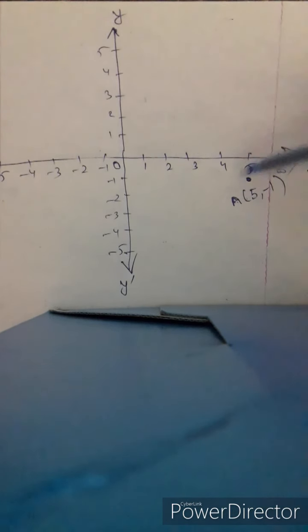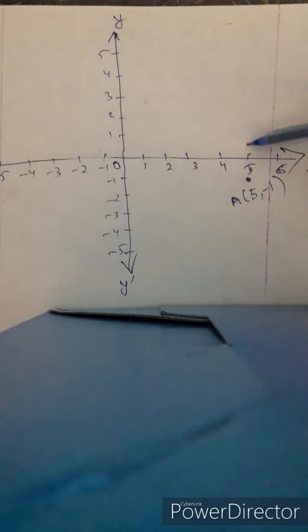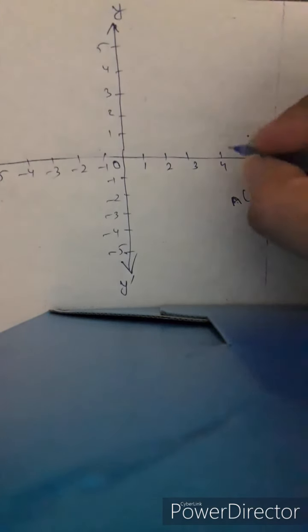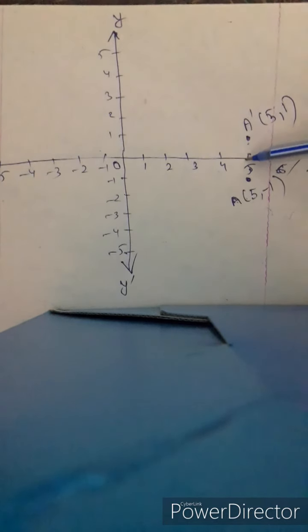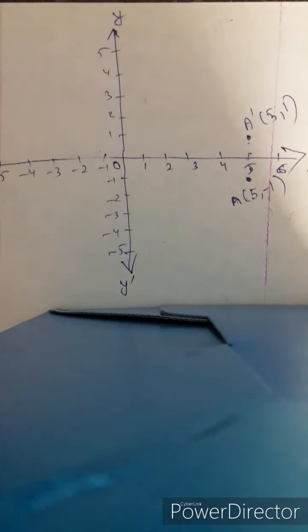The point is here, it becomes here, that is A dash, 5 1. Always remember that if a point is given, its reflection in the x-axis, 5 minus 1, becomes 5 1, that is A dash.